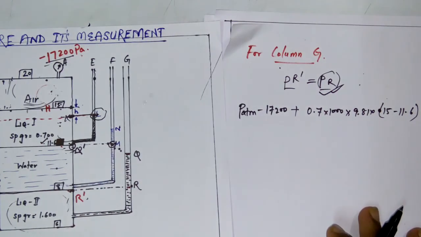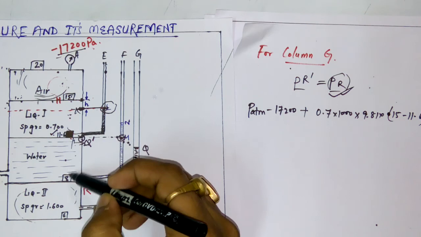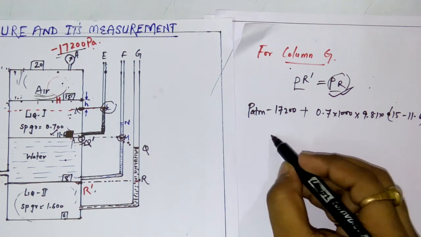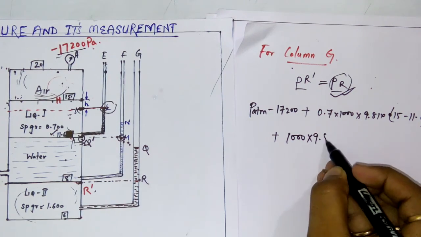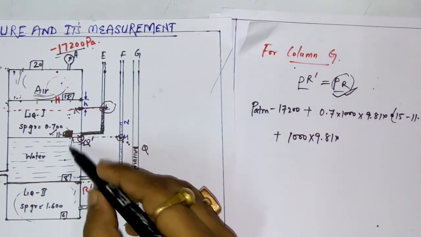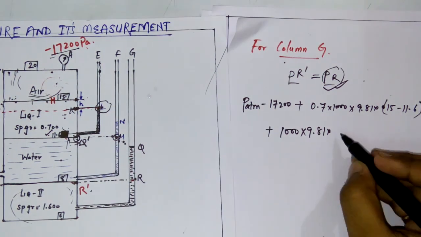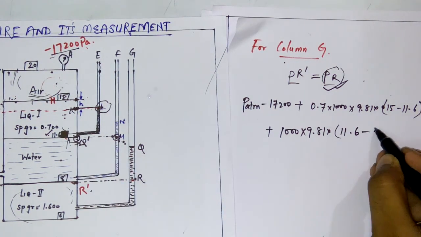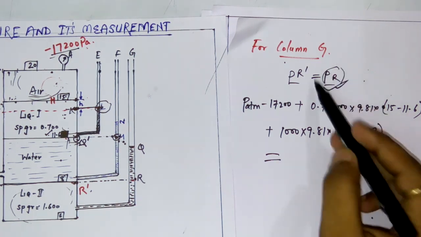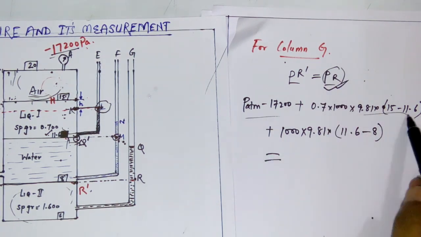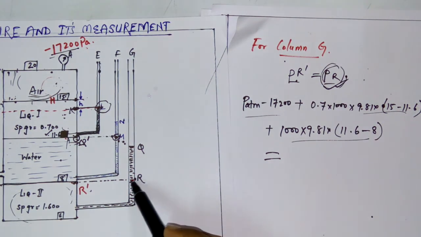I'm writing here side by side. And the pressure due to this water level is the density of water multiplied by g and the height of this water column, that is 11.6 minus 8. This is all the pressure at R dashed, which is equal to the pressure at R.